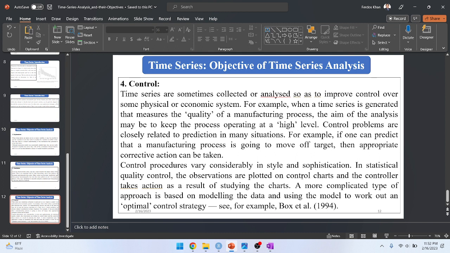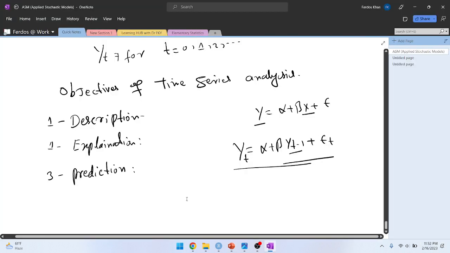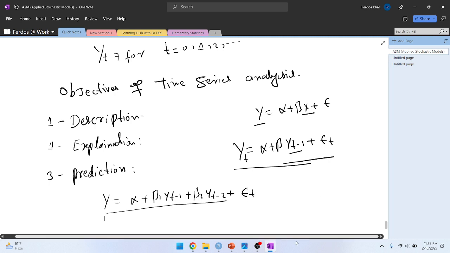Okay, I will just explain this. Let's suppose you have a model: alpha plus beta 1 y(t-1) plus beta 2 y(t-2) plus epsilon t, but the fitted model will not include epsilon, so this will be your model. This represents a particular system, such as temperature or precipitation.